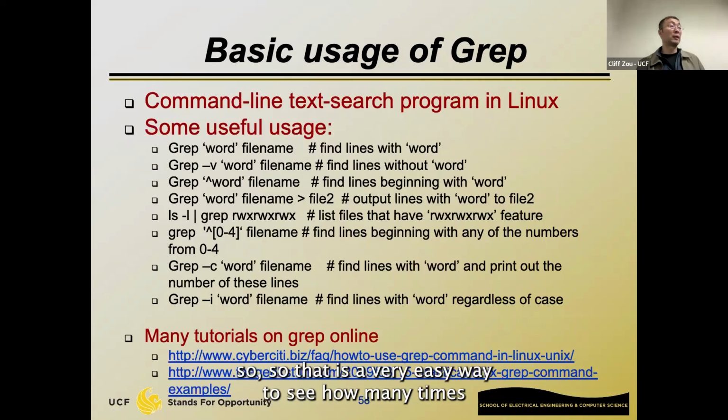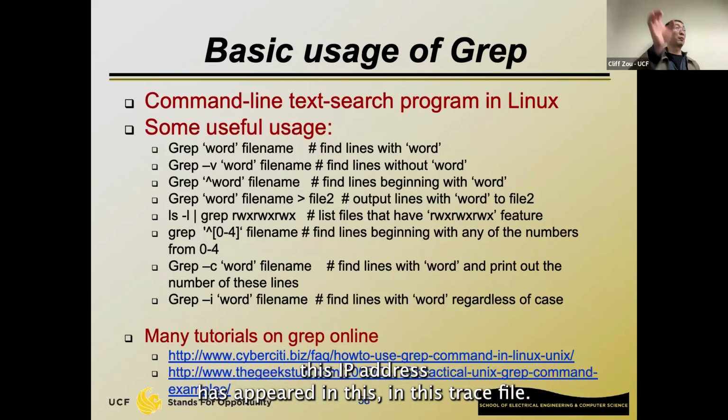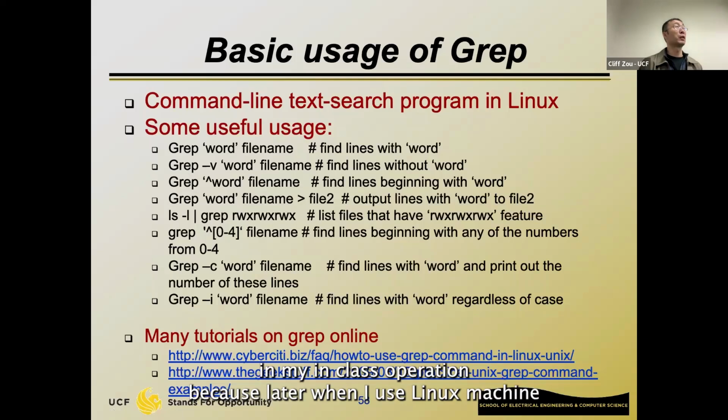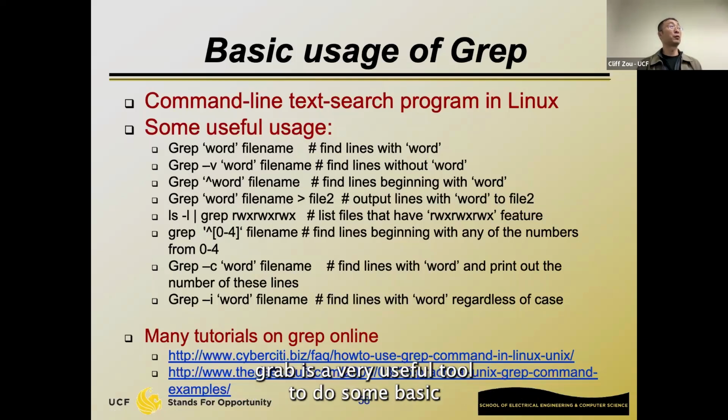That is a very easy way to see how many times this IP address has appeared in the trace file. So this is about grep. We will use grep from time to time in my in-class operations, because later, when I use a Linux machine, grep is a very useful tool for basic text searching.